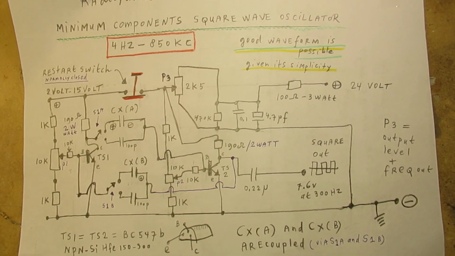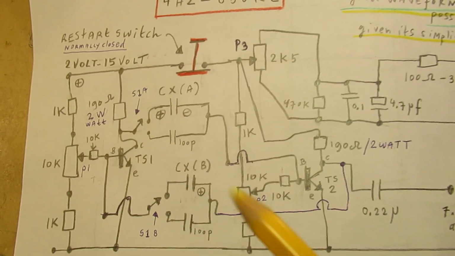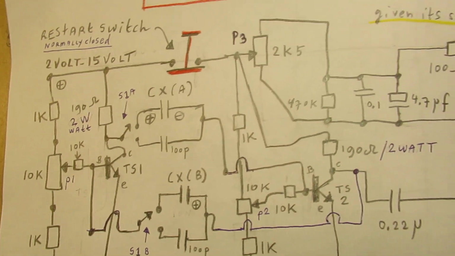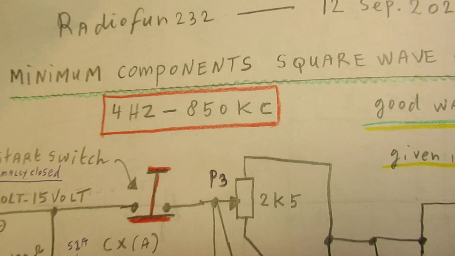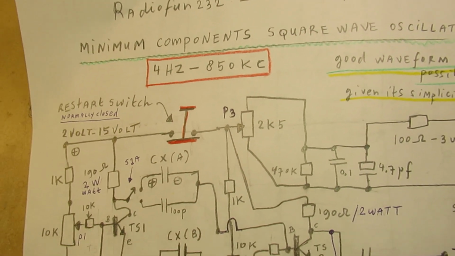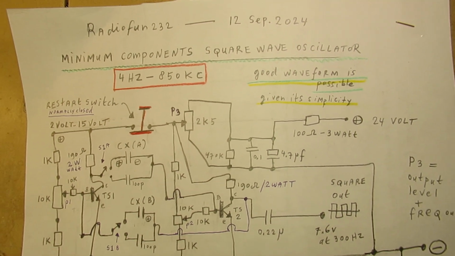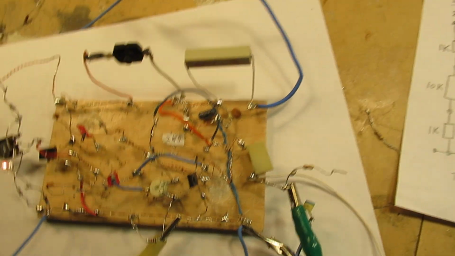I told in that video that when you make these two capacitors here and here very small, you could get even higher than approximately 800 kilocycles, but that was only an idea for experiments, and well, that's completely true.